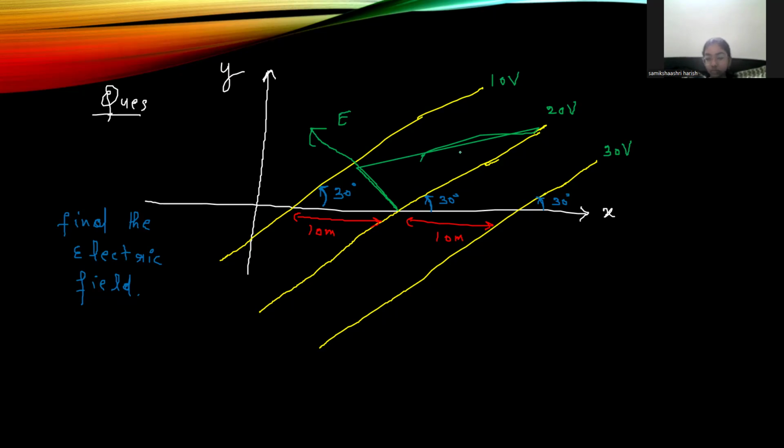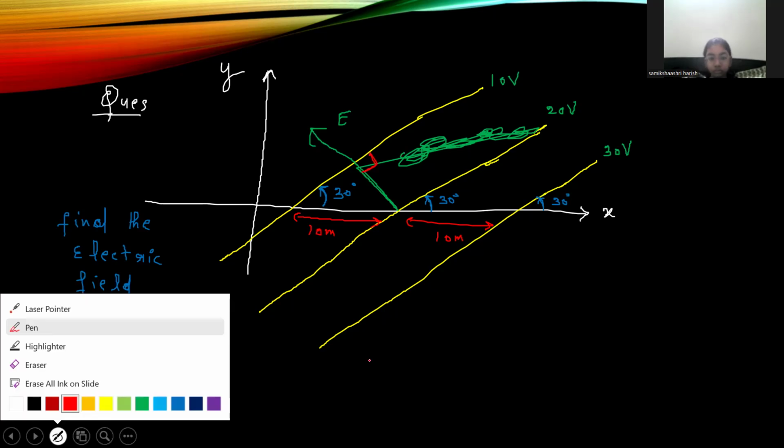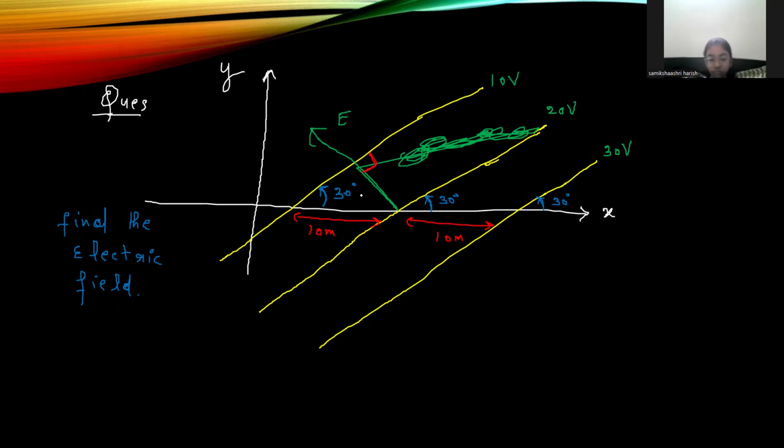Just forget these lines, I drew them by mistake. This is 90 degrees. This is the direction of electric field. Now this electric field is making some angle theta. This is 90. This theta will be 60 degree. Now it is very easy.